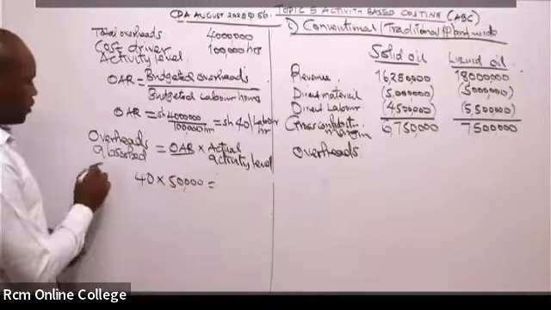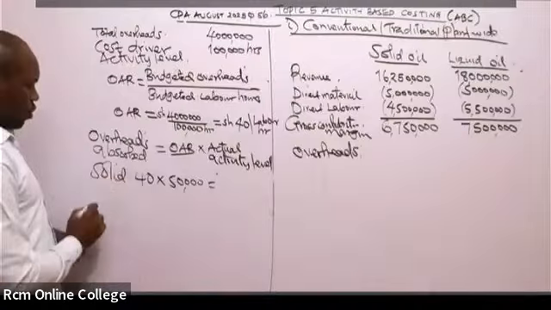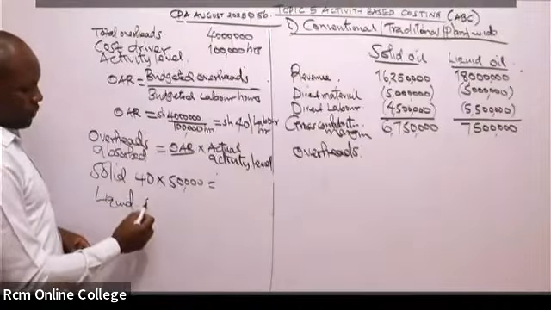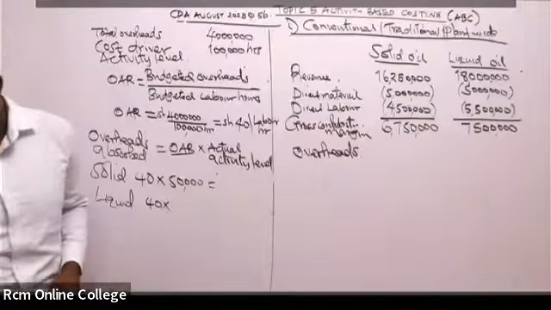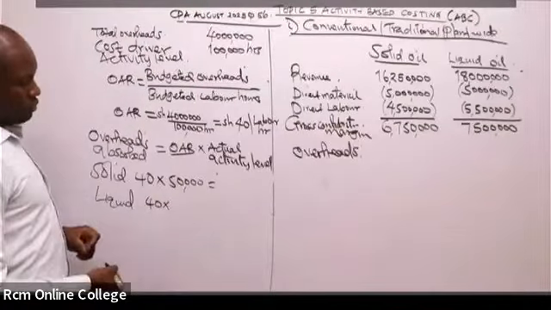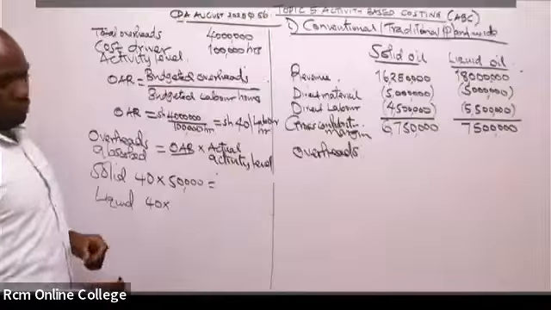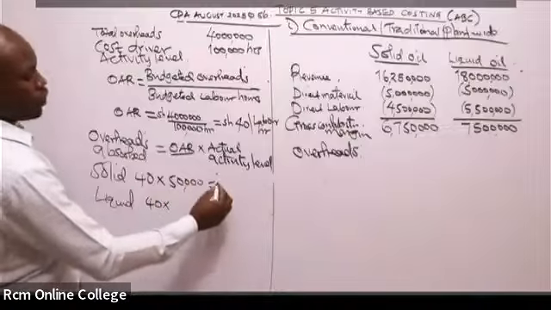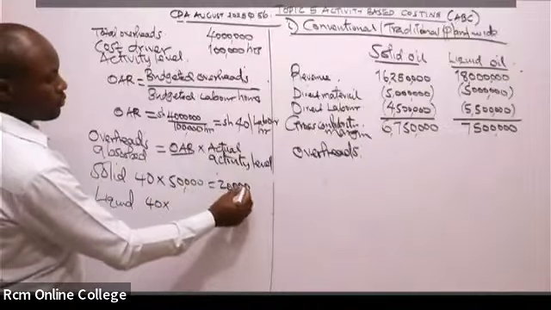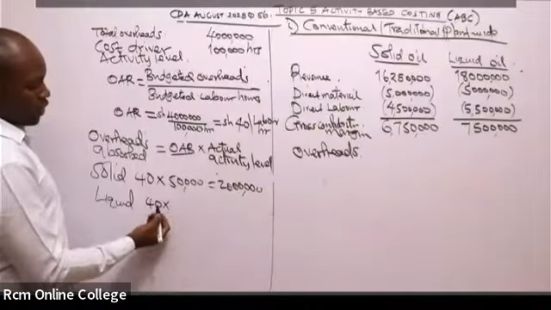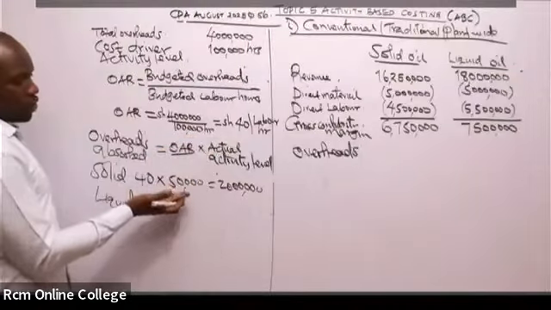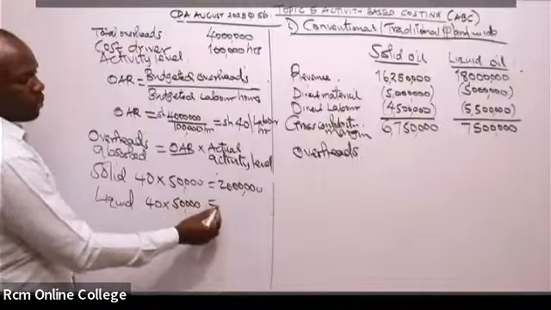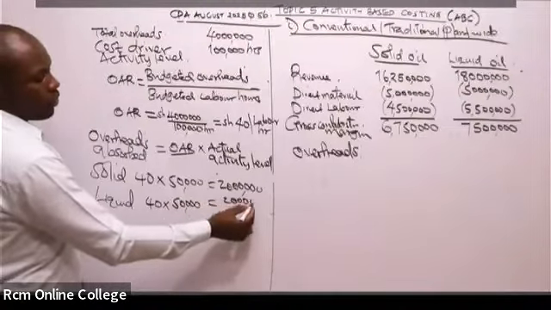So when you multiply that 40 by 50,000, how much do we get? That is 2 million. Then when we take 40 again by the total labor hours for the liquid oil, which happen to be another 50,000, you're also getting another 2 million.